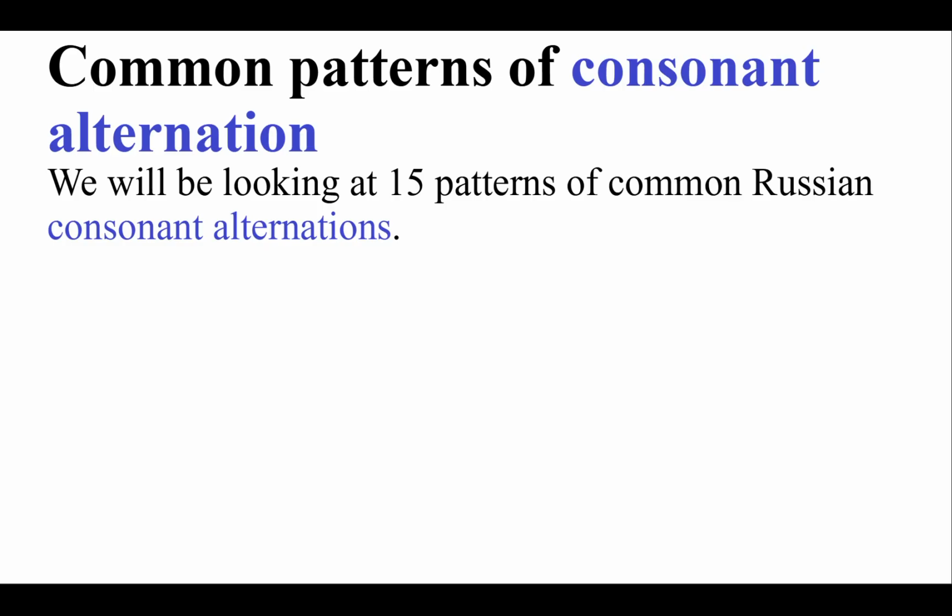In some words, the declension or the variation of the words might not be following the rules of consonant alternation in Russian, so you have to be mindful of that. But I think that you guys could all be aware of these kinds of exceptions as your learning journey in Russian progresses. Yeah, so 15 patterns.